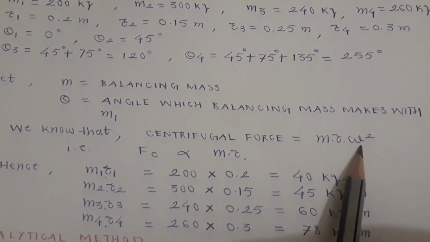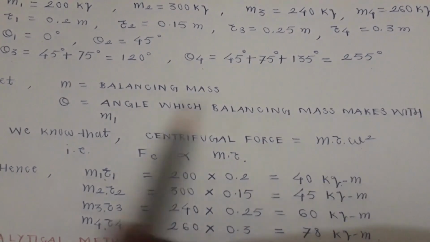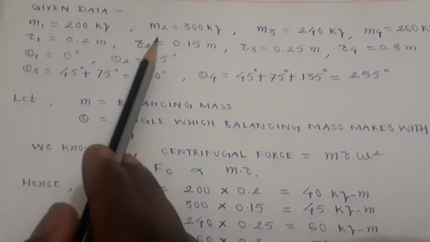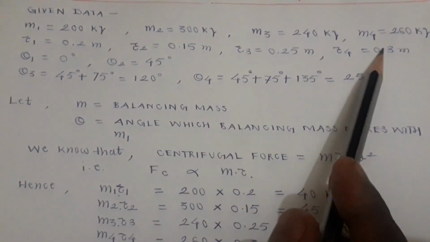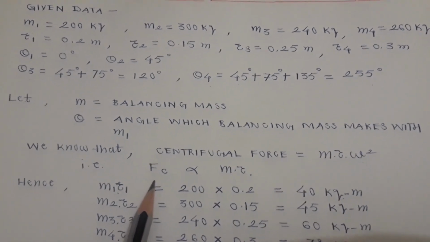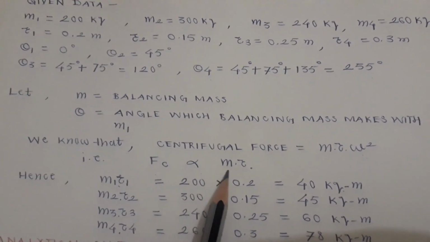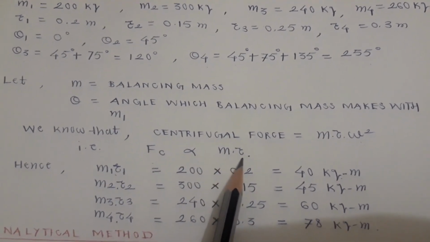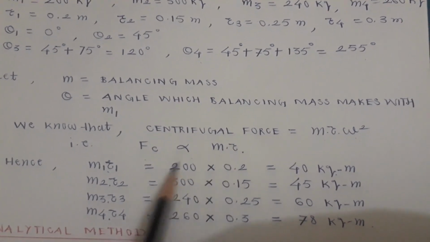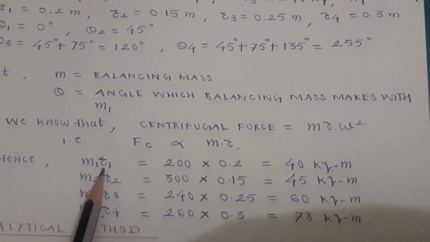The value of omega square remains common for all the four masses m1, m2, m3 and m4. So the centrifugal force is directly proportional to the product of mass and radius. With this we can find the centrifugal force for each mass.